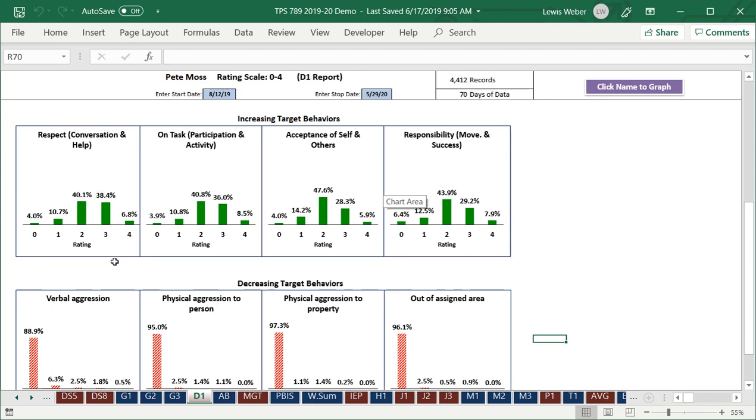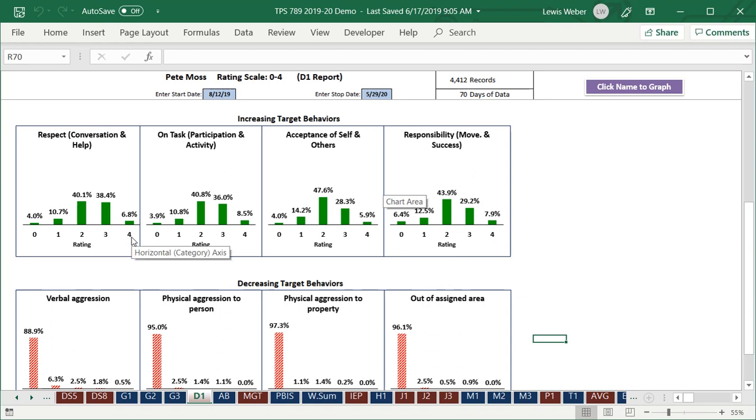What this is showing is the percentage of the ratings for each of the ratings. Let me explain that a little bit. So we see that for respect, we have a 0 through 4 rating system. What is the percentage of all of the ratings that were collected for respect?